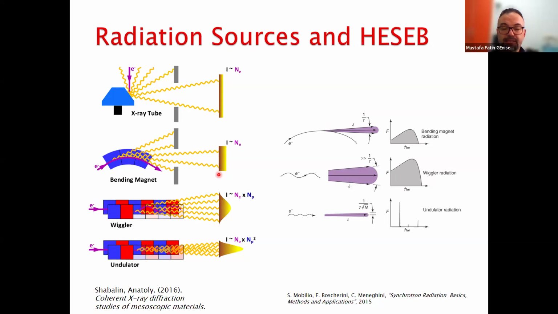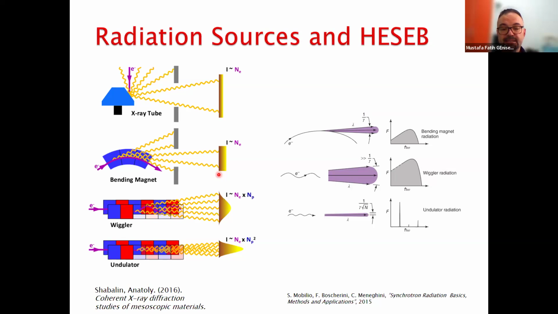So at specific photon energies, the intensity of the source is sometimes 10,000 times higher than the bending magnet. So it is the power of the undulator. So it's the power of HESEB.